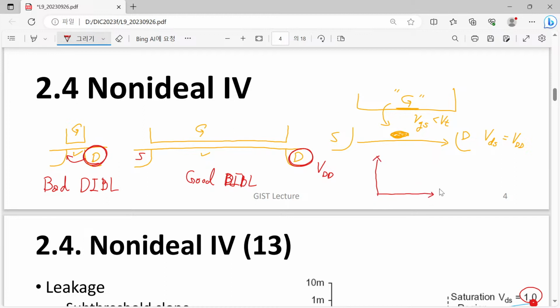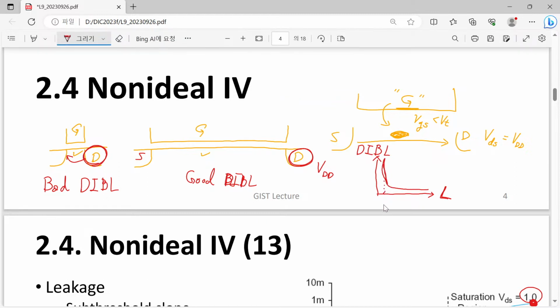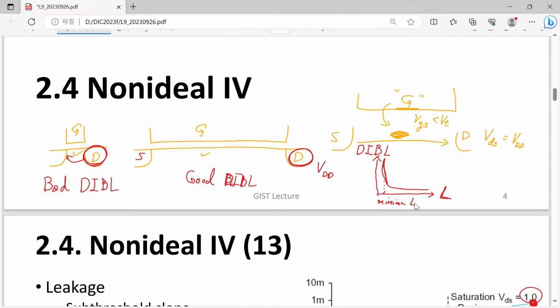So as a function of gate length, you just draw DIBL. Then what you get typically in this case is just like a flat line. Then it is increasing quite rapidly just nearby the minimum channel length L. So why do we have this kind of behavior?